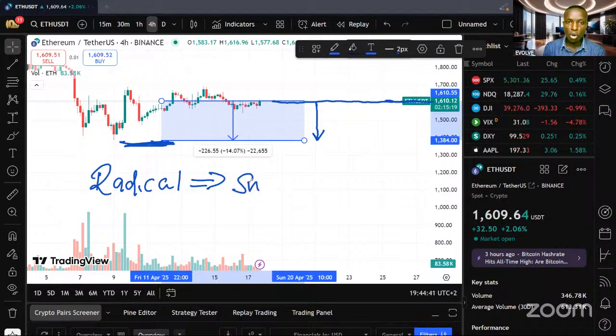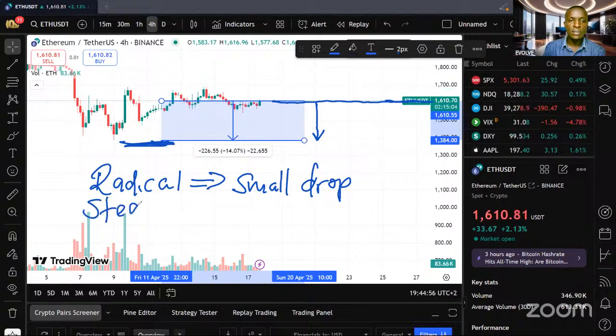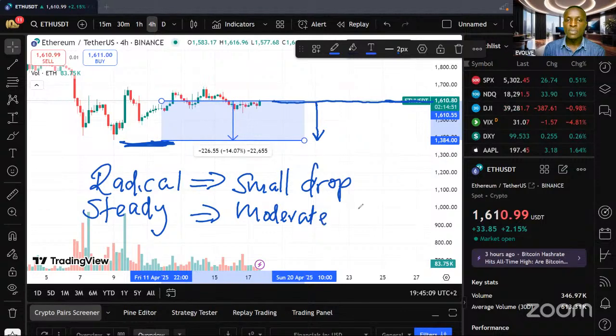So this one is a smaller percentage, a smaller drop. When you go in with a steady risk profile, this one is moderate. A moderate drop, meaning the drop you expect is not so big.